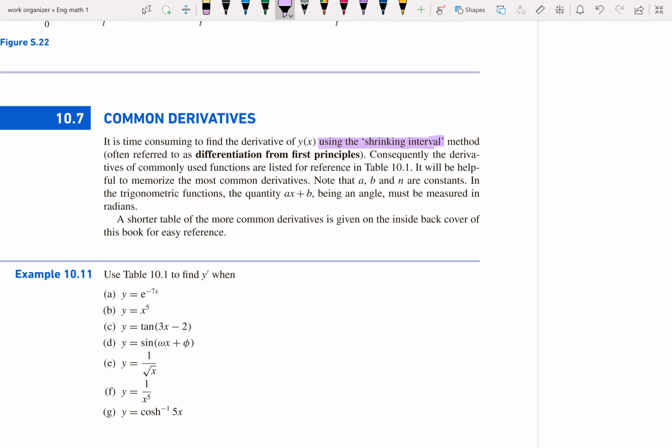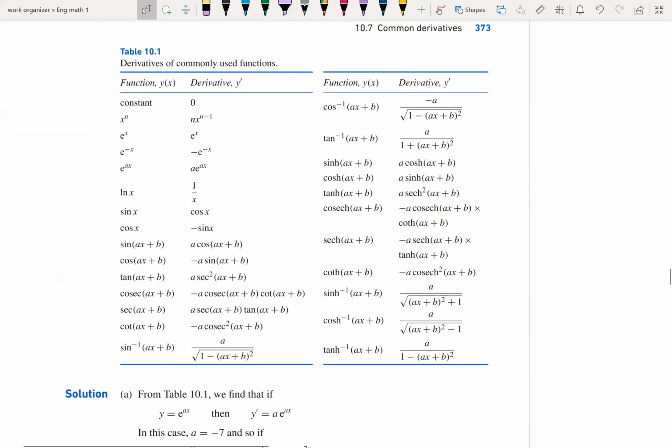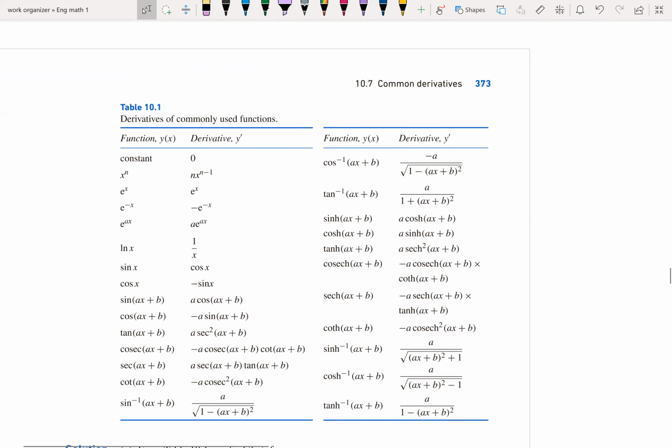So it can also be referred to as differentiation from first principles. This is the table that we often use to calculate differentiation.